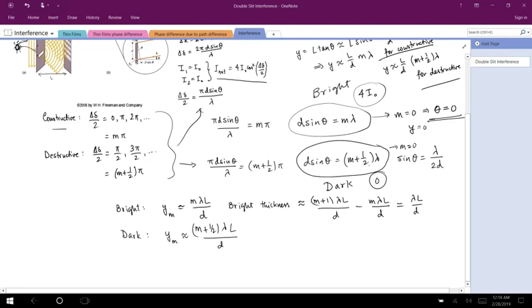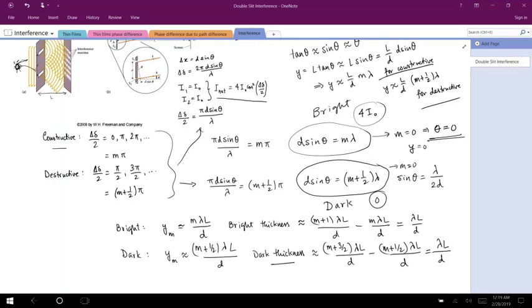The m changes to m plus a half, and so y is L times lambda over D times (m plus a half), which means that the dark thickness, the distance between two consecutive dark bands, is going to be equal to (m plus 3 halves), so I just added 1 to m, lambda L over D minus (m plus a half) lambda L over D. If we subtract, the m's go away, 3 halves minus a half gives me a 1. So I'll again get the same result, lambda L over D.